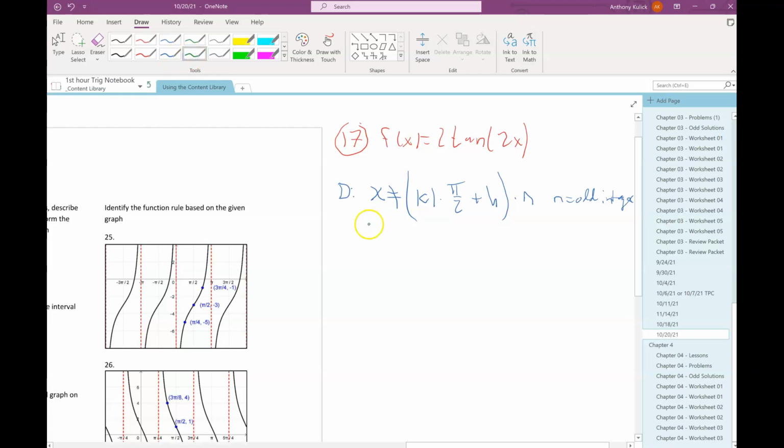So these places that are not included in the domain are going to be our asymptotes. So for this problem, I can see that my c is 1/2 and my h is 0. So my first asymptote, plugging in 1/2 for c and 0 for h, is pi over 4.